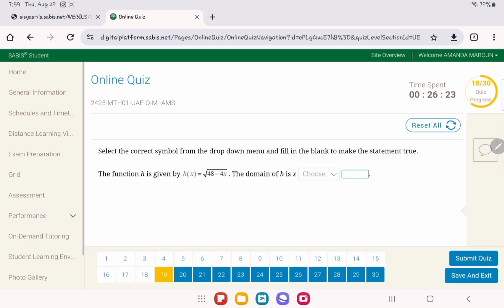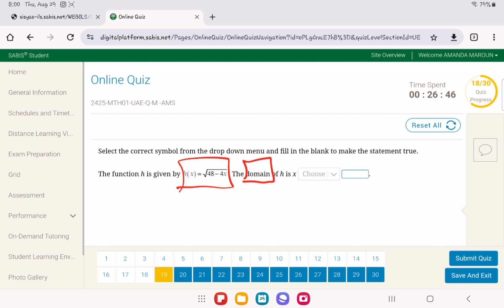The function h is given by h(x) is equal to radical 48 minus 4x. The domain of h is, okay, whenever they're asking for a domain and they give you something like this, the domain doesn't necessarily mean the x, it means what the x is.